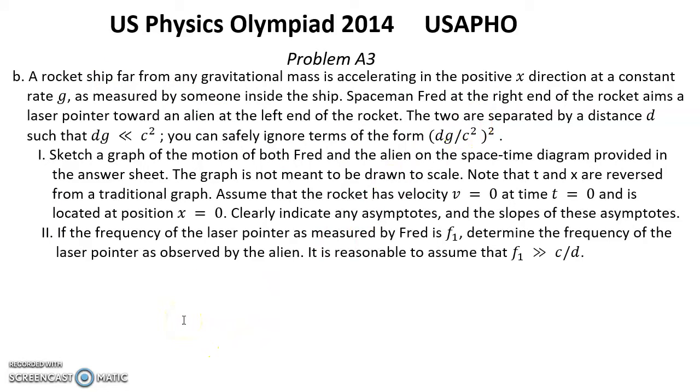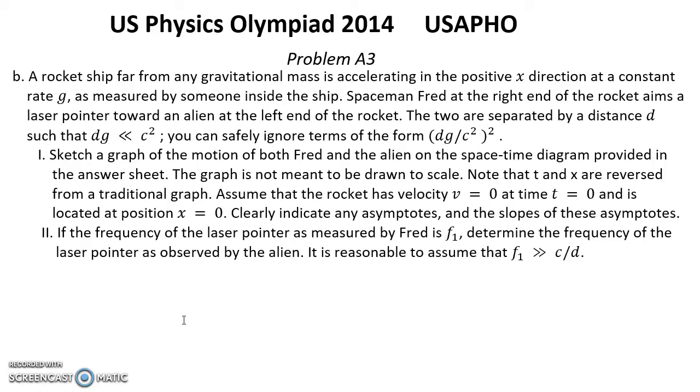First question. Sketch a graph of the motion of both Fred and the alien on the space-time diagram provided in the answer sheet. The graph is not meant to be drawn to scale. Note that the t and x are reversed from a traditional graph. Assume that the rocket has velocity v equals 0 at time t0 and is located at position x equals 0.